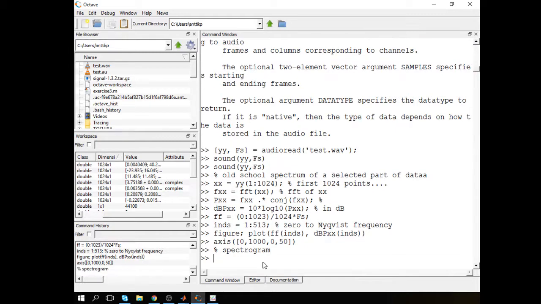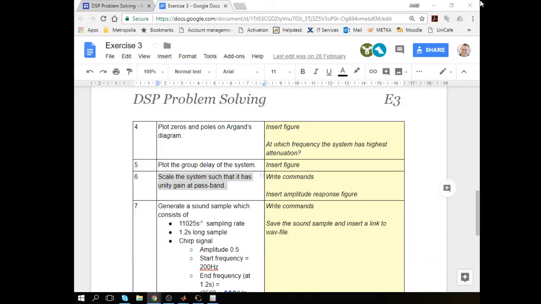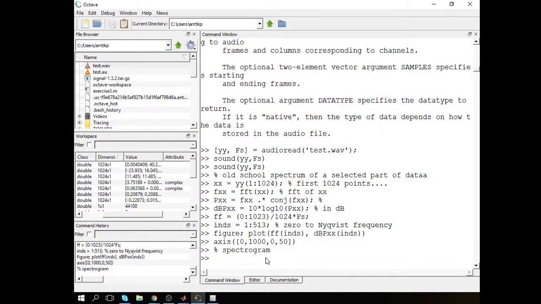Spectrogram. I need to put the help in my other window here. So this one actually draws also the image. So your command was spectrogram, not the one that returns just the data, the whole data.